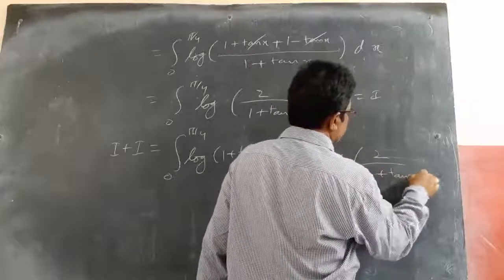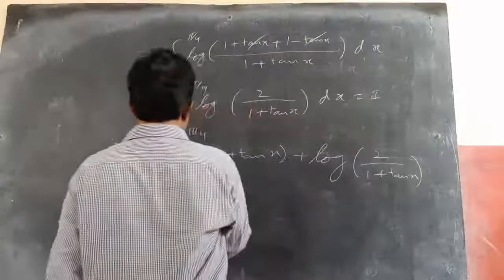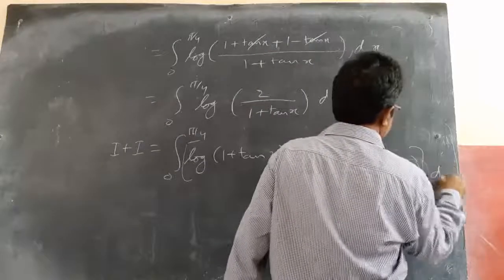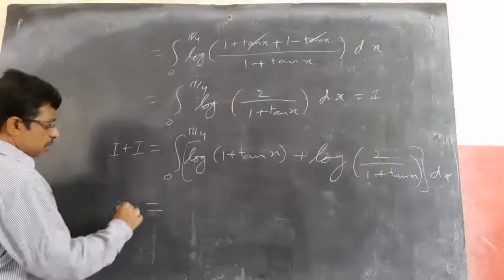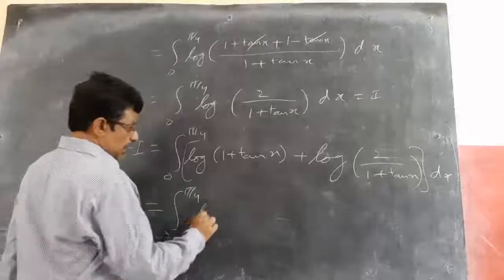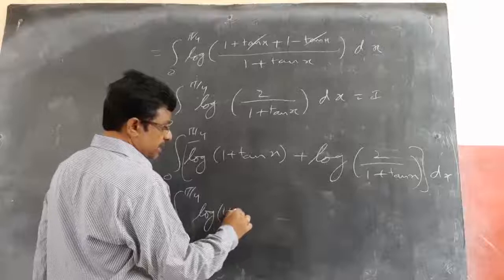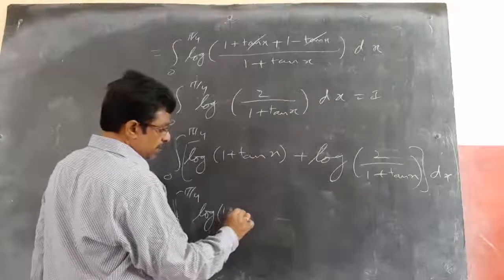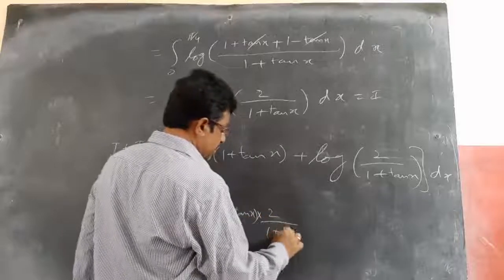As usual I am writing only one integration, the f x plus g x method, always into dx. So this becomes log a plus log b, log of a into b. So 2I is equal to integral of 0 to pi by 4 log of a into b, means 1 plus tan x into 2 by 1 plus tan x.